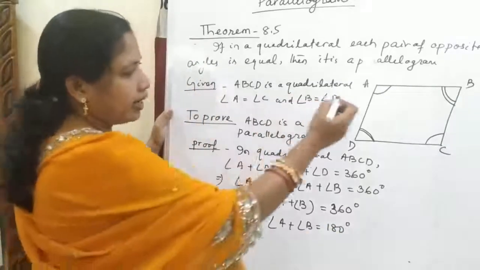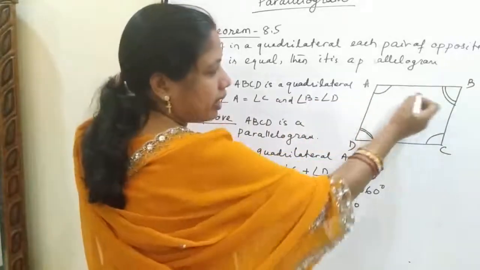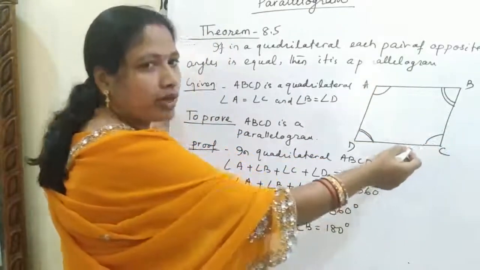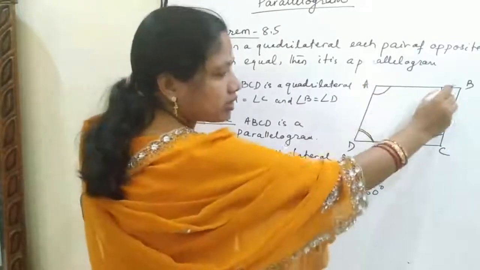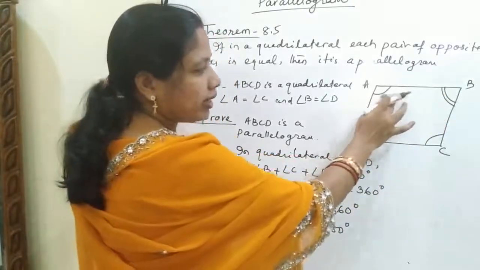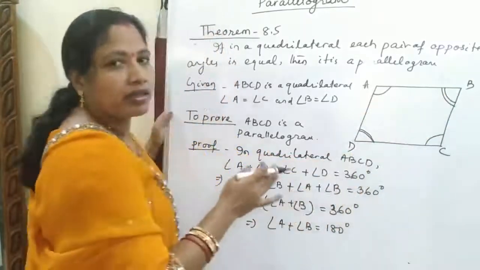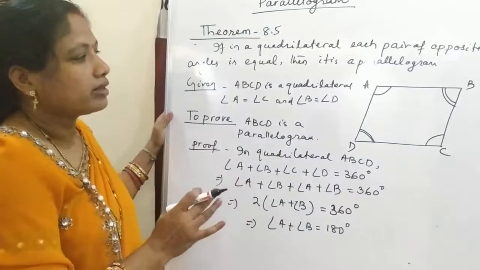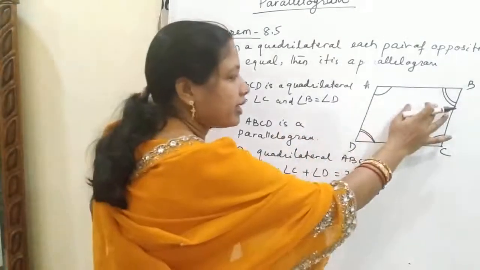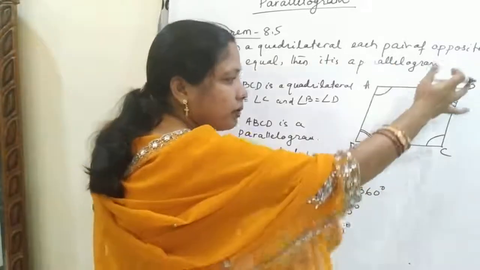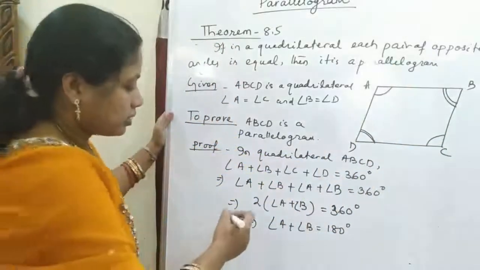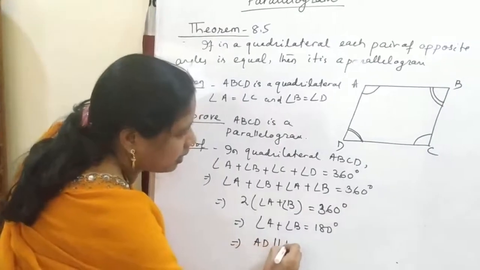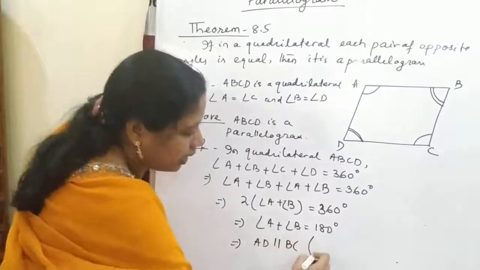Angle A and angle B, where AD and BC are two lines and AB is the transversal, are the interior angles on the same side of the transversal. If they are supplementary, then AD will be parallel to BC. Why?